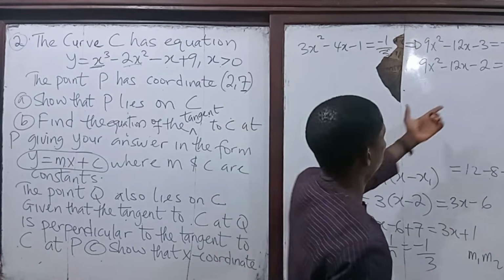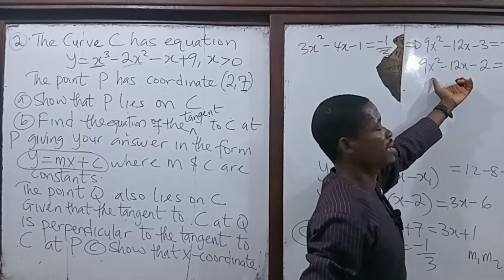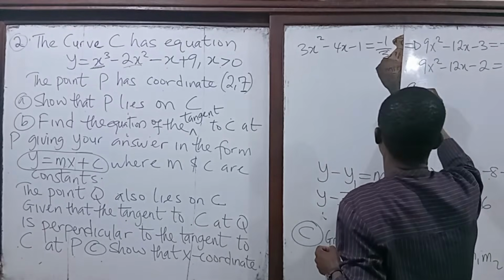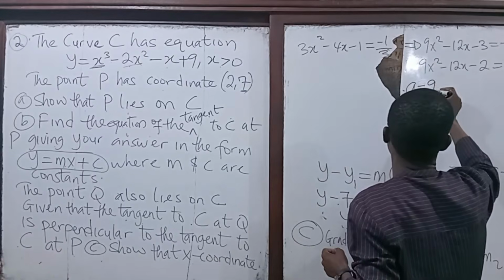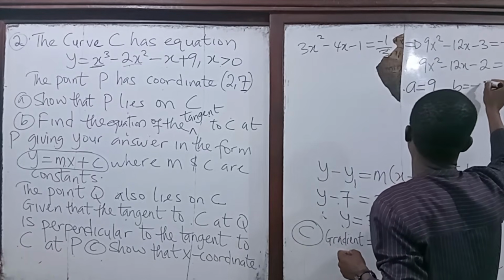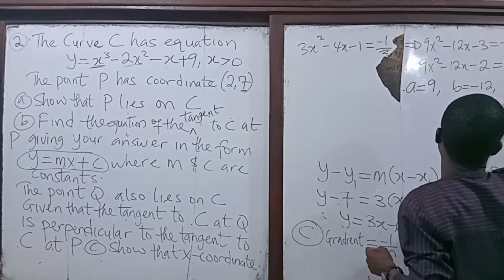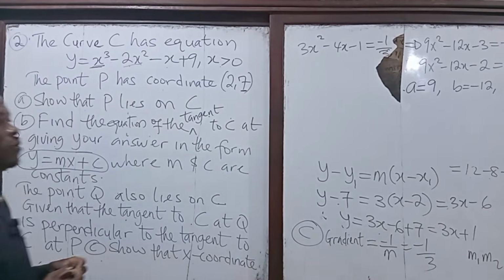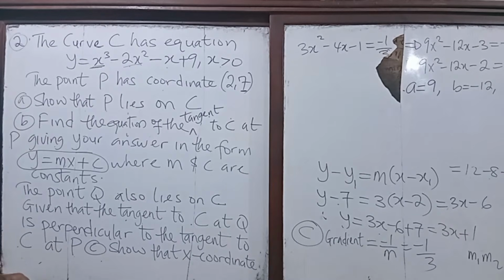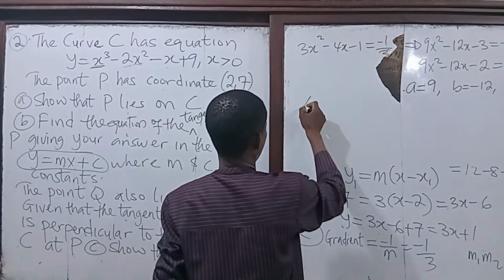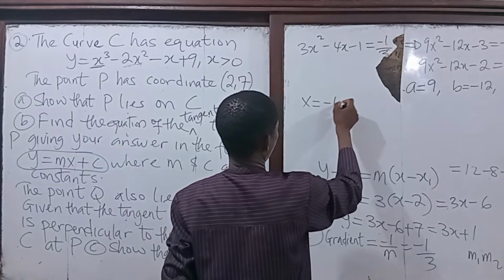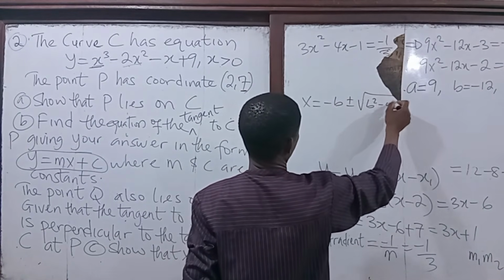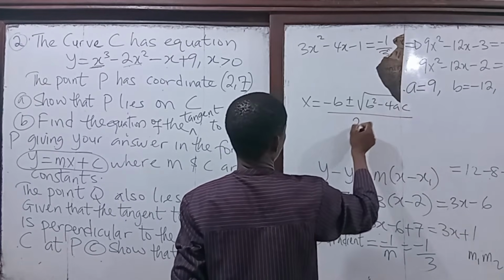If you check this one, you can factorize this equation, or you can use the quadratic formula. Your a is 9, your b is -12, and your c is -2. Okay, and that will be x equals minus b plus or minus the square root of b squared minus 4ac, over 2a.